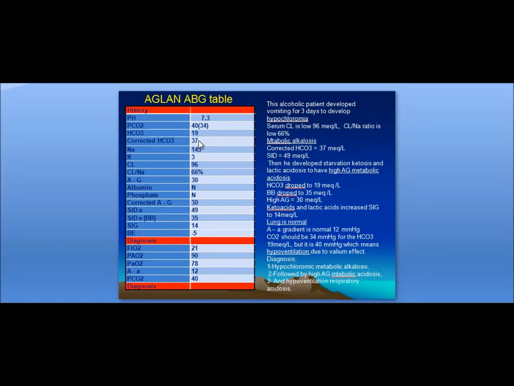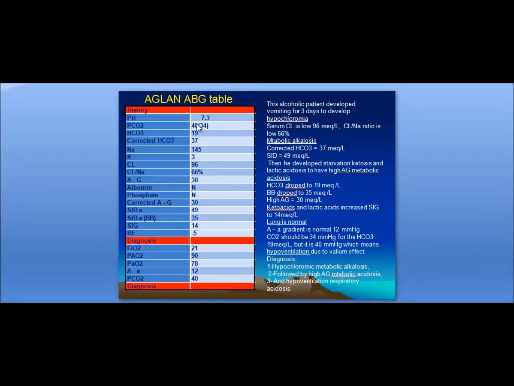Then what happened? This patient developed some sort of hyperperfusion. Bicarbonate dropped from 37 to 19. So there is some sort of metabolic acidosis. Come to the buffer base, less than 40, metabolic acidosis. Base excess or base deficit, there is base deficit, this is metabolic acidosis.